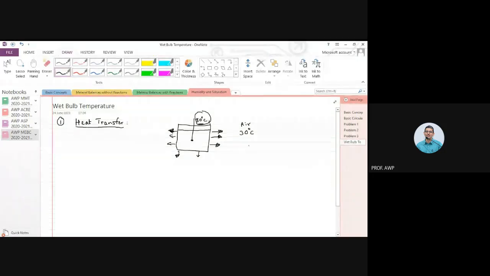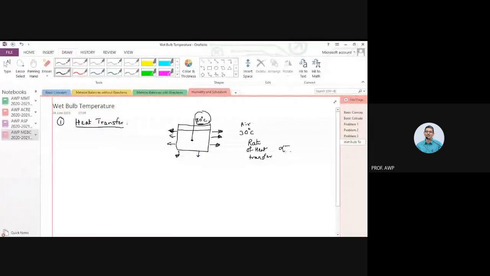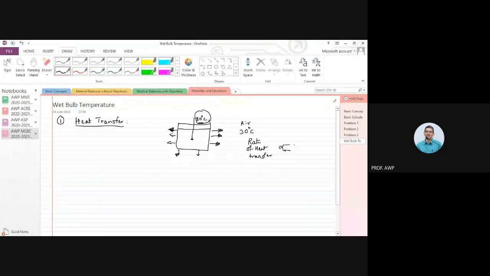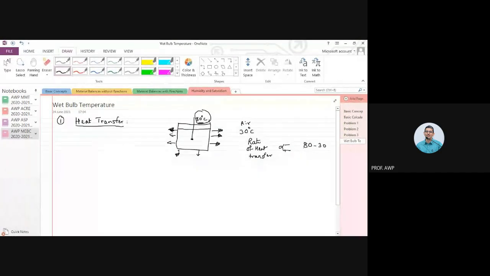So this rate of heat transfer, as in Fourier's law, is proportional to temperature difference. So should we say 80 minus 30? After some time this 80 becomes 70, then 60, then 50, and so on. Do you agree with that?